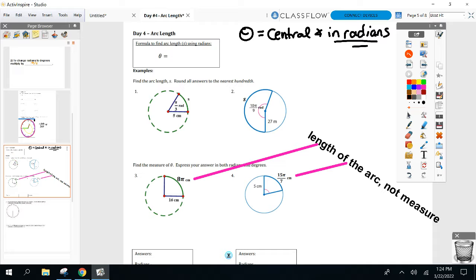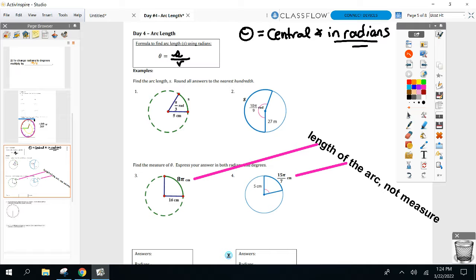Theta is equal to, let me finish the formula for you, S over R. There's the formula for arc length if the angle's in radians. If it's in degrees, you got another one we just did on the second day of this unit.